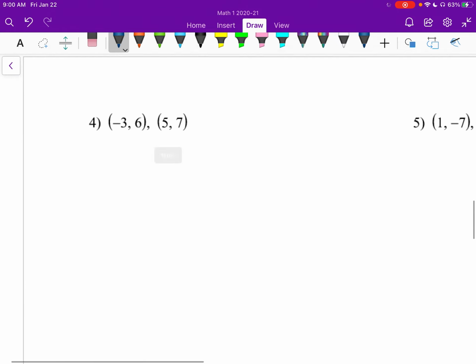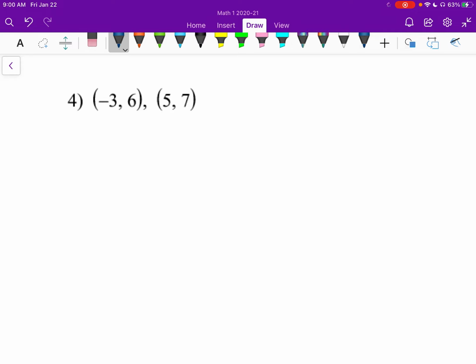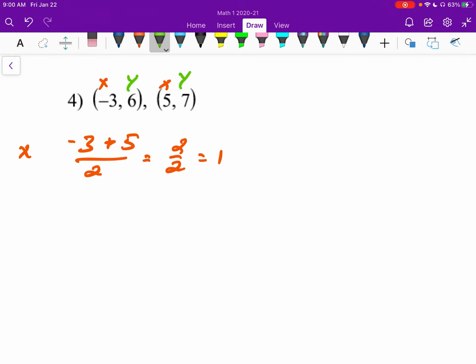All right, let's look at number 4. If I start off with my x's, I have -3 plus 5 over 2. Whenever I add those up, I get 2 over 2, which is 1. For my y's, I'll have 6 plus 7 over 2.